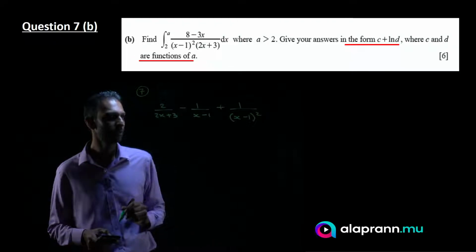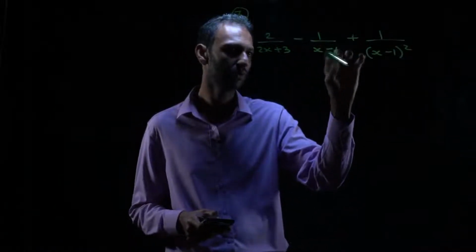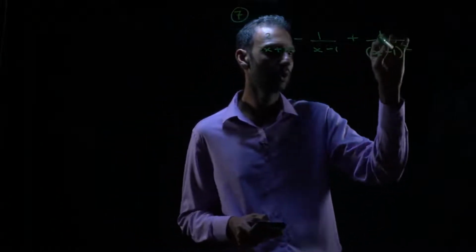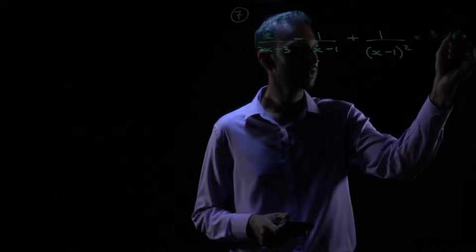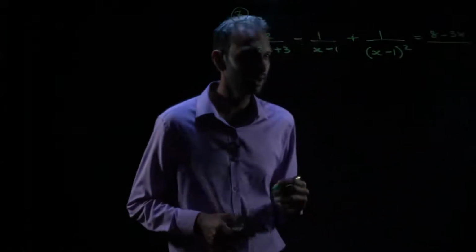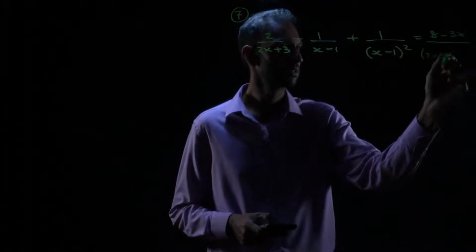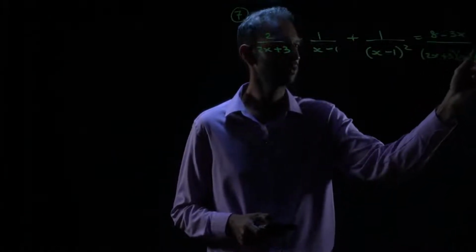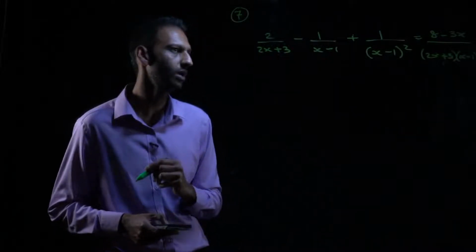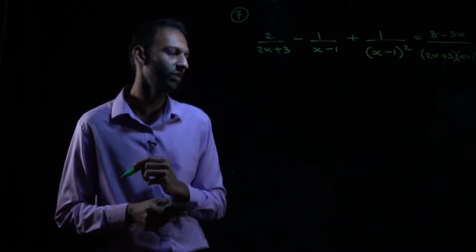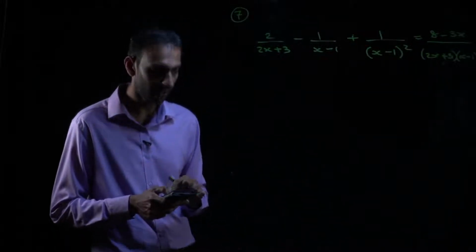From the first part of the problem, we've shown that 2 over 2x plus 3 minus 1 over x minus 1 plus 1 over x minus 1 to the squared is equal to 8 minus 3x divided by 2x plus 3 times x minus 1 to the squared. So we've shown that basically it's equal to 8 minus 3x divided by 2x plus 3 times x minus 1 to the squared.